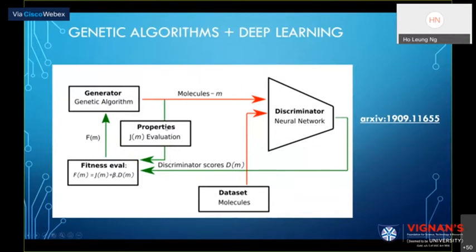So the properties and the output from the discriminator are fed together into a fitness function, and then that gets fed back into the generator to create the next generation of molecules for evaluation.